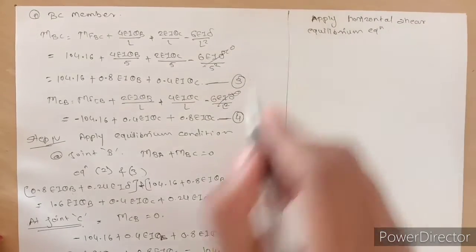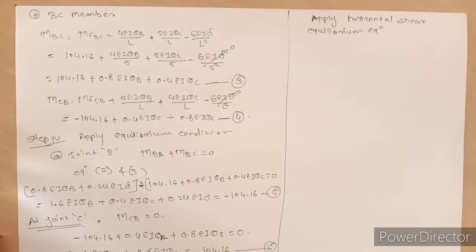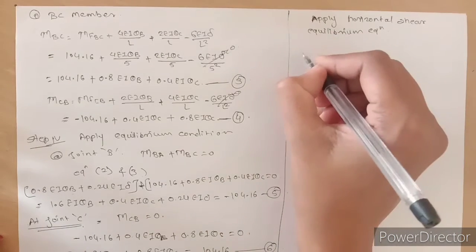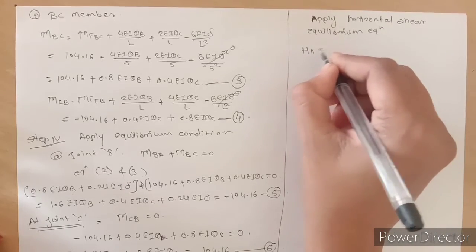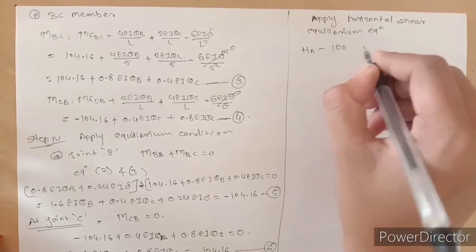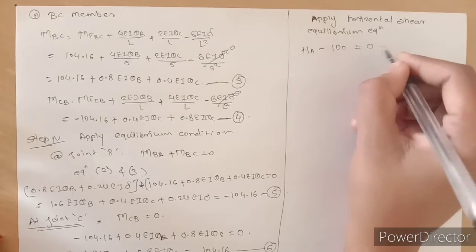At point B, a 100 kilonewton point load acts. So the horizontal force at point A minus this horizontal force is equal to 0.